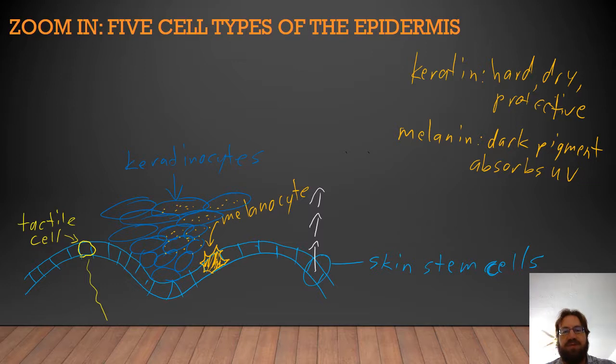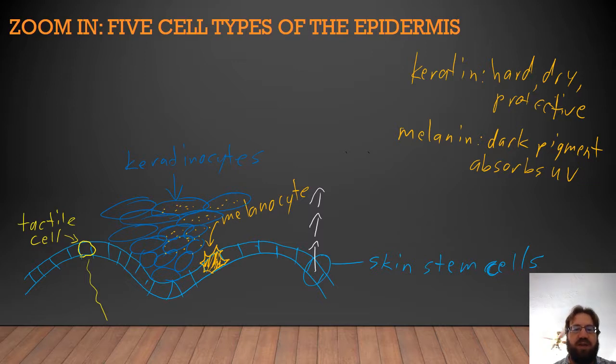If you lived near the equator, you got more sun damage to your skin, so you needed a darker melanin to protect yourself. If you lived farther away from the equator, far up north, you got much less sunlight, and so you needed a lighter color melanin that wouldn't absorb the sunlight you need to help your skin cells make vitamin D, for example. Okay, so I've now introduced 4 of the 5 cell types.